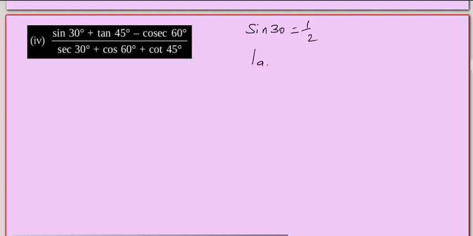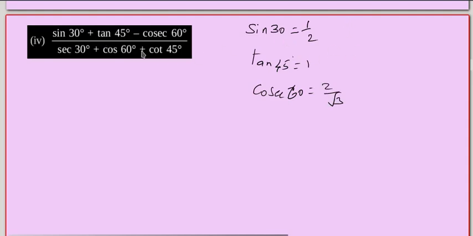Next tan 45. Tan 45 is 1. Cosecant 60. Cosecant 60 is nothing but the reciprocal of sin 60, no? So it is 2 by root 3. Root 3 by 2 becomes 2 by root 3.